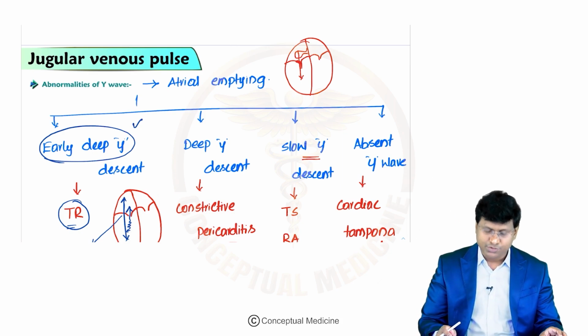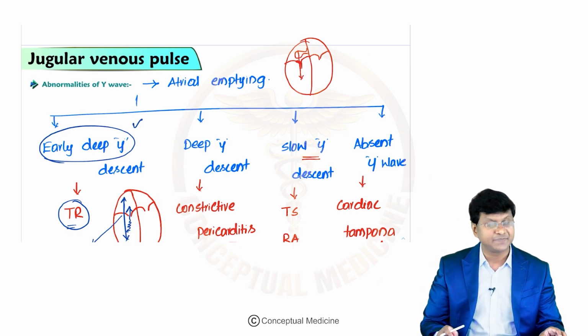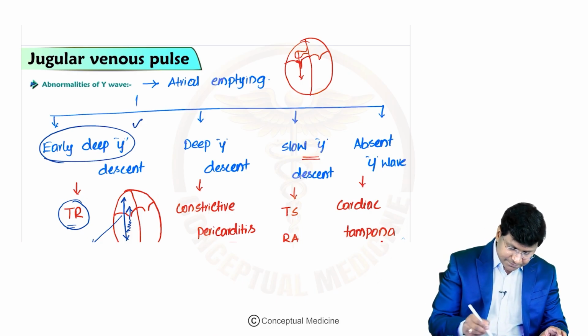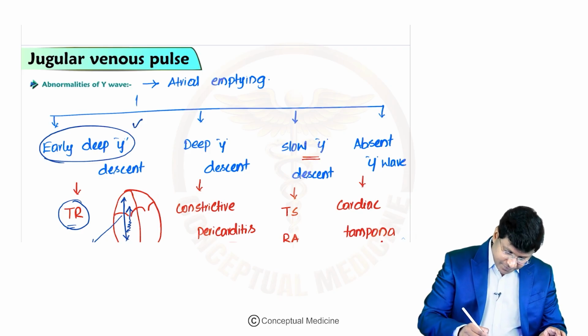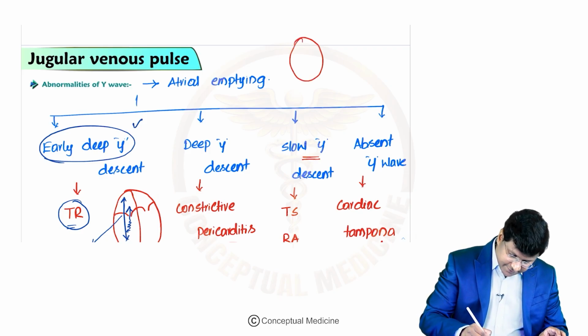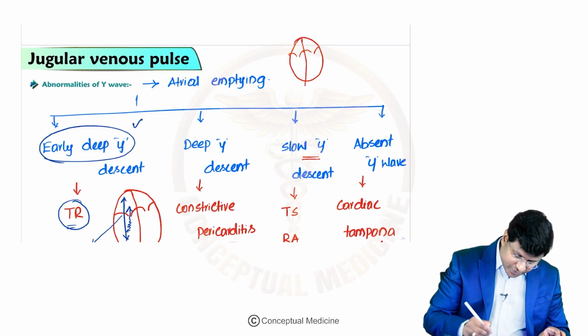Now, why in case of cardiac tamponade there is an absent Y wave, let me explain. This is your four-chambered heart, right? And in cardiac tamponade, what happens?